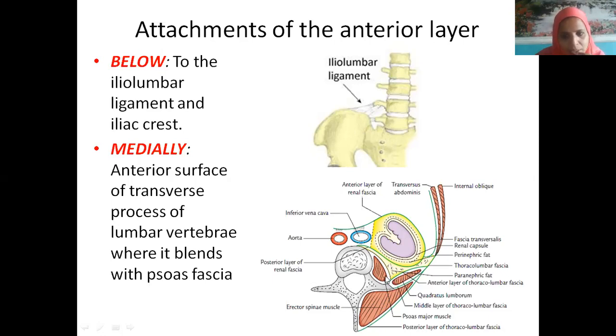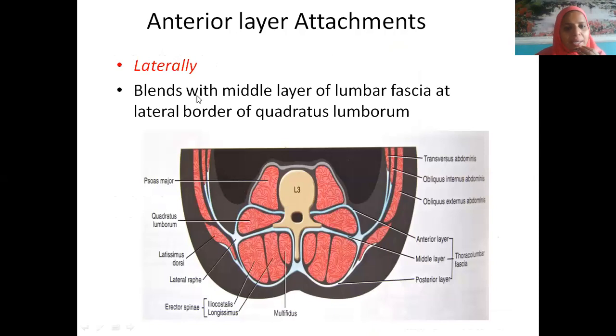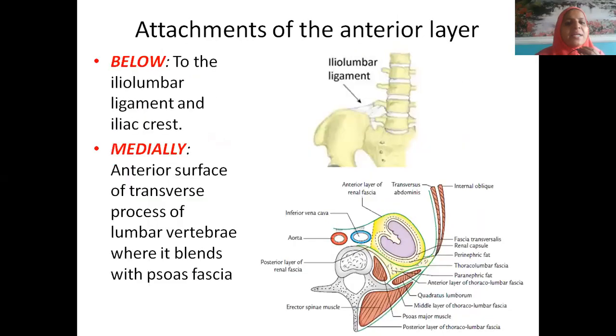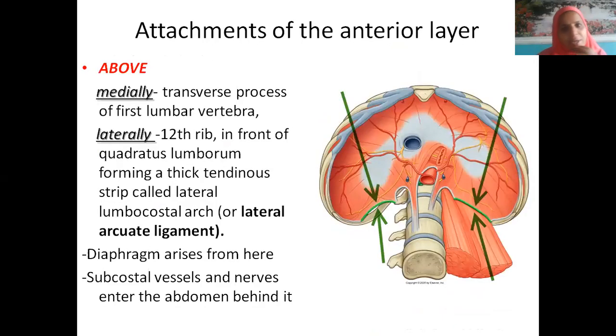It becomes continuous with the fascia covering the psoas major, that is the psoas fascia. Then laterally it blends with the middle layer of the thoracolumbar fascia at the lateral border of quadratus lumborum.